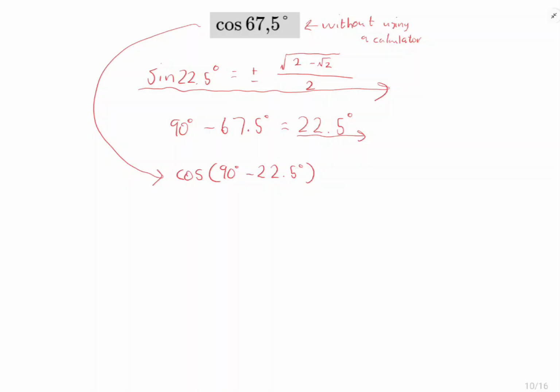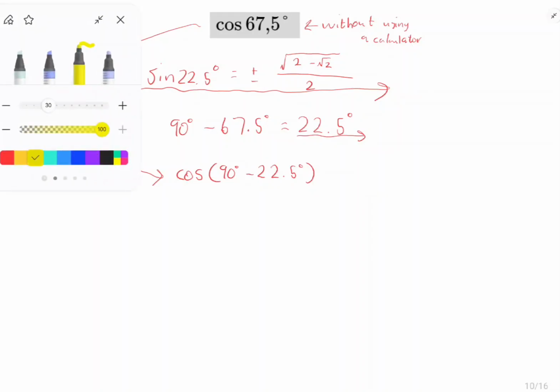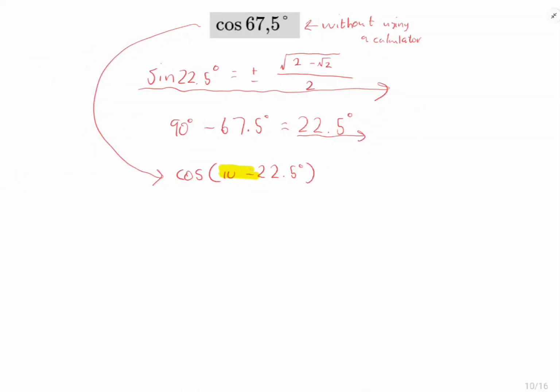Okay, that is great. And what can we see with this new form that we just got? Cofunction. We know that for cofunctions, if it's cos of 90 degrees minus a particular angle, it's going to be sine of that particular angle.